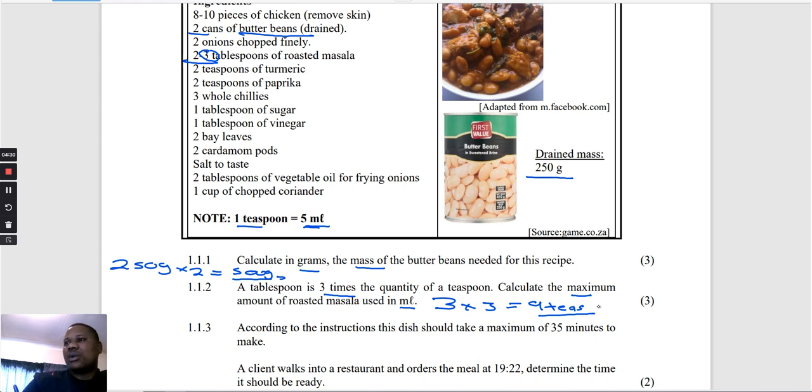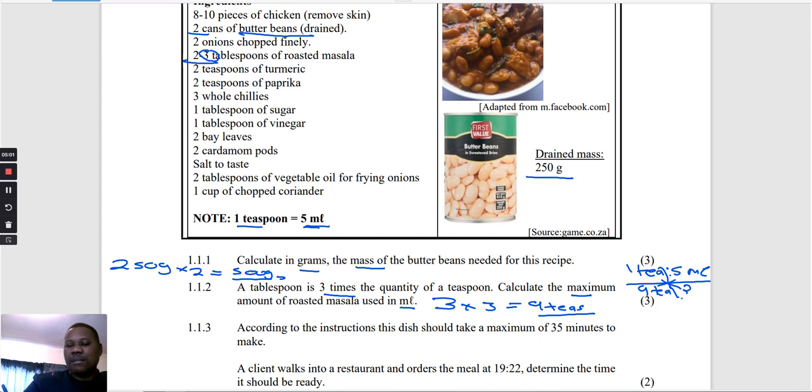So what are we going to go about on that one? So we're going to go back and say 1 teaspoon is equal to 5 milliliters. Then we can do the cross multiplication. I like this when it comes to conversions, because it gives us answers perfectly. So now, because we have the teaspoons, but we don't know how much they are in milliliters, therefore we cross multiply.